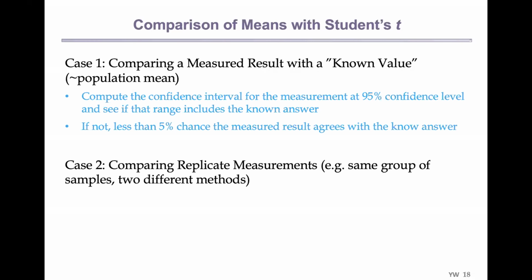For the second case, you will have to first compare the standard deviation with the F-test, meaning that if you want to compare 2 groups of data to decide whether the means are the same, you have to first decide whether their standard deviations are significantly different or not.